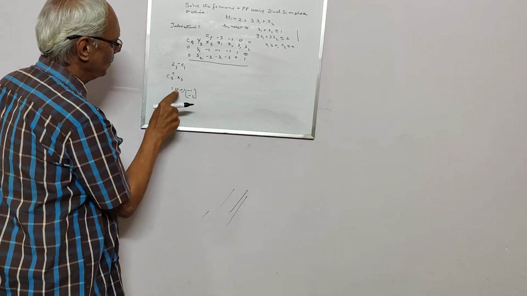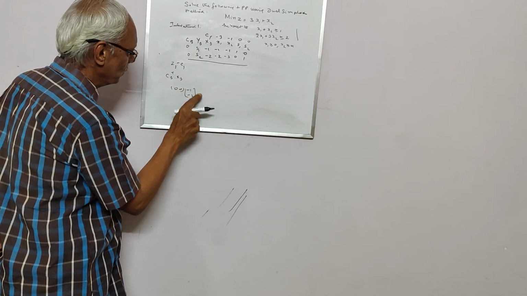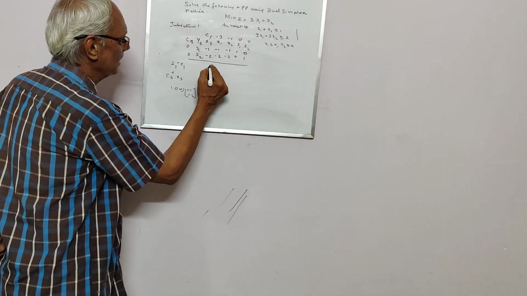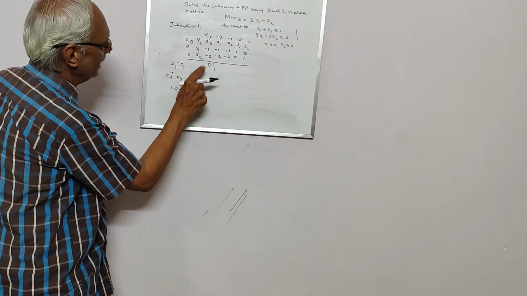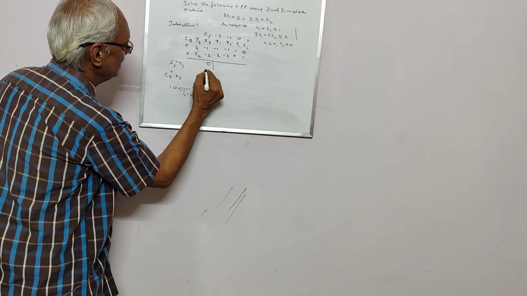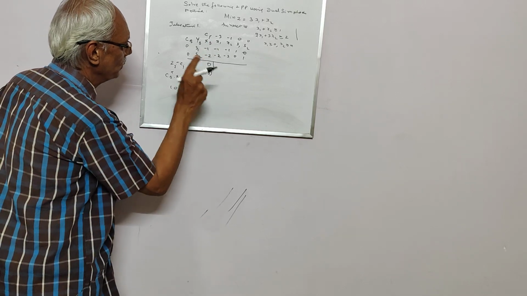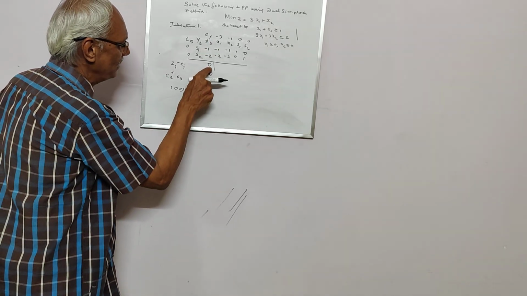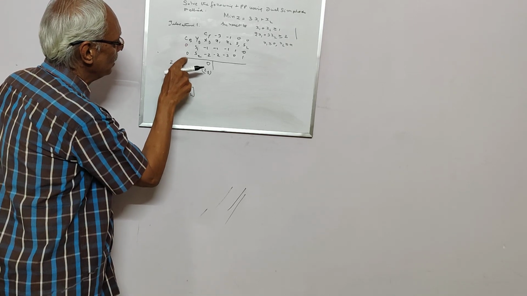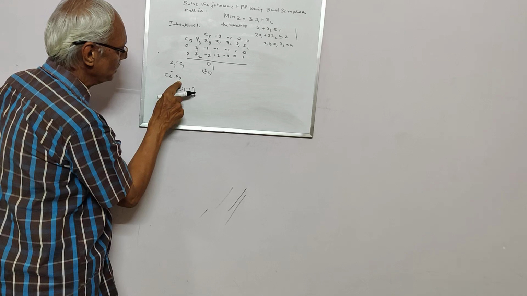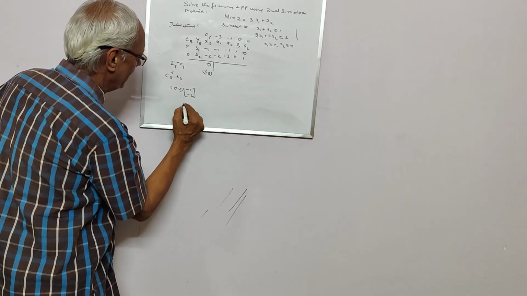First row into first column: 0 into this, 0 into this, so you will get 0. You have to understand how this is done. This is your ZB value. So below that you put the XB value. This value is got by multiplying 0, 0, that is CB transpose dot XB. So you get 0.